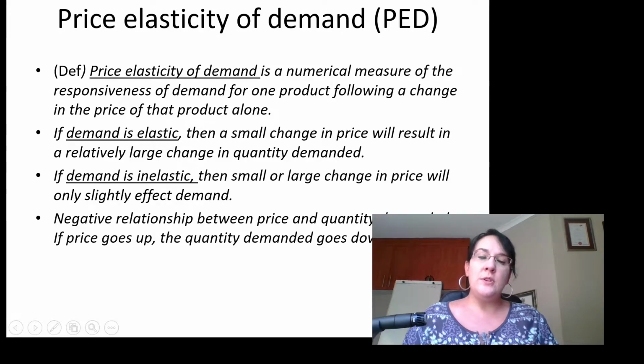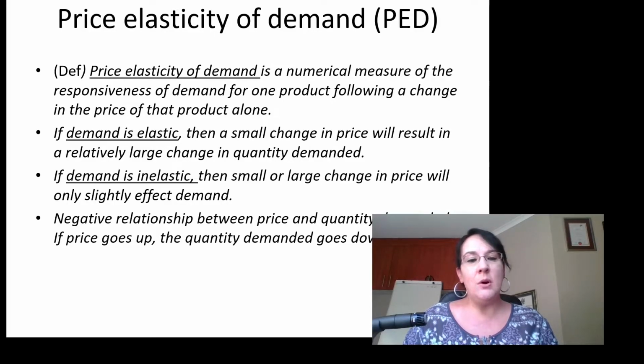Again, I just want to focus your attention on something I mentioned when I dealt with demand and why demand is downward sloping. PED relates to demand. When I'm looking at the relationship between price and quantity demanded, it is normally said to have a negative or inverse relationship.